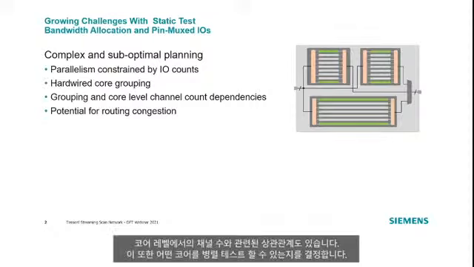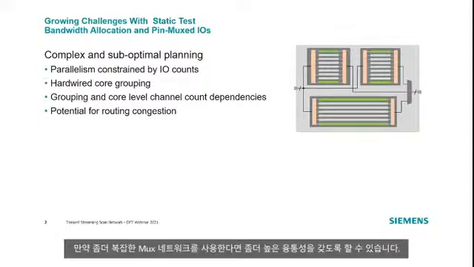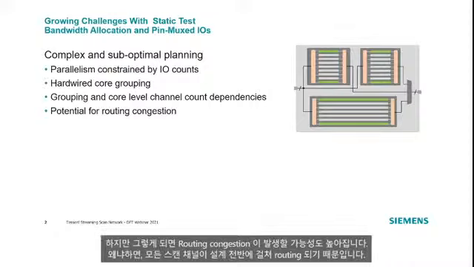There are also dependencies related to the number of channels at core level, and that again determines which cores you can test in parallel. Now you can build in some more flexibility in this approach with a more complex MUX network, but that also increases the potential for routing congestion related to routing all of the scan channels all across the design.